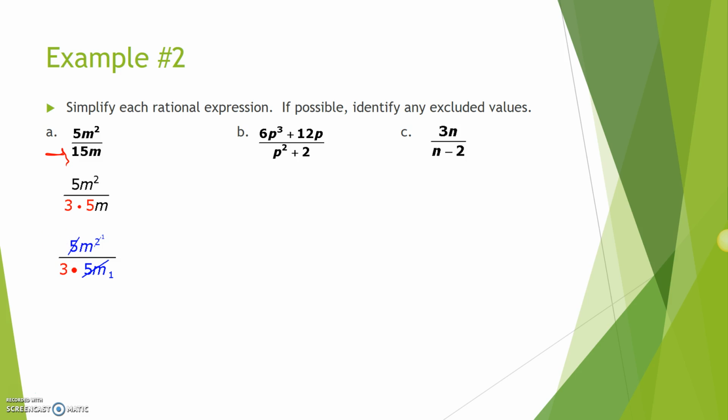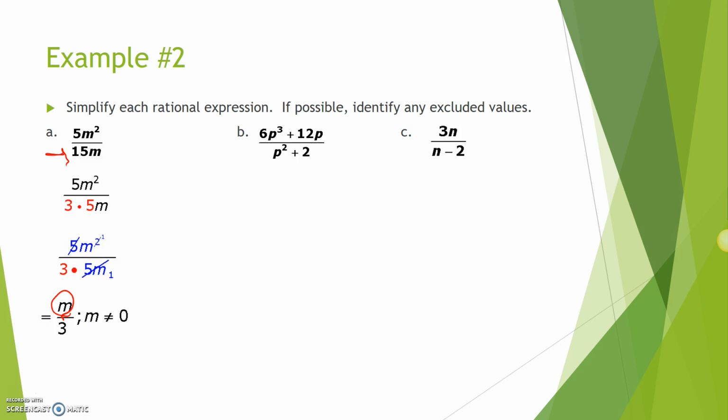Note that if m equals 0, the expression is going to be undefined. So we're now going to simplify this down. Since we have 5m squared for the numerator, we're left with just m, because we factored out 5m, and since we have 5m in the numerator and denominator, we're left with m for the numerator over 3 for our denominator.